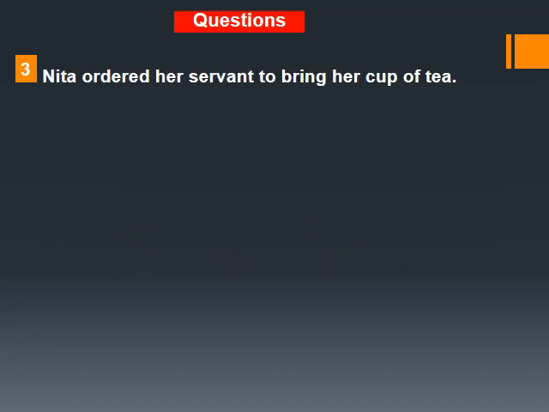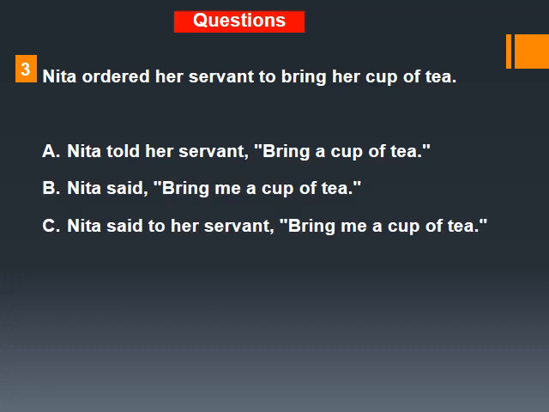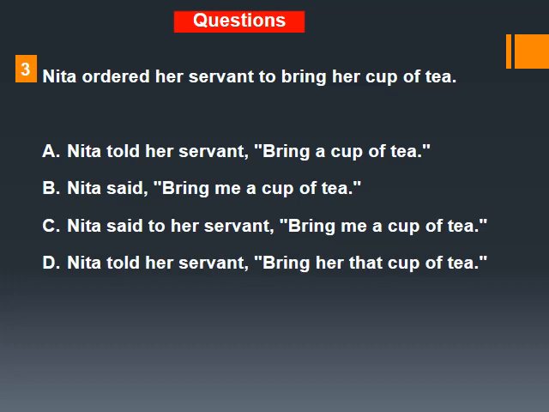Nita ordered her servant to bring her cup of tea. Look at this. This is an indirect speech, indirect statement. Options. A. Nita told her servant, bring a cup of tea. B. Nita said, bring me a cup of tea. C. Nita said to her servant, bring me a cup of tea. D. Nita told her servant, bring her that cup of tea.